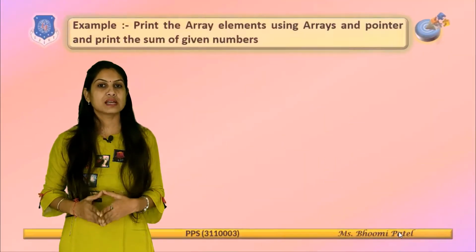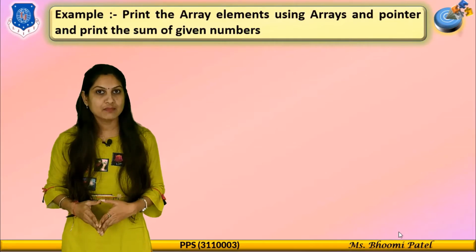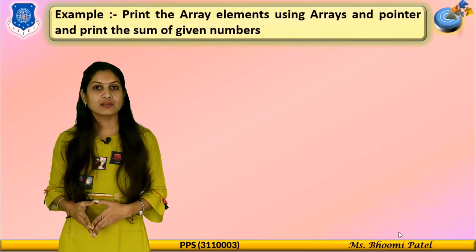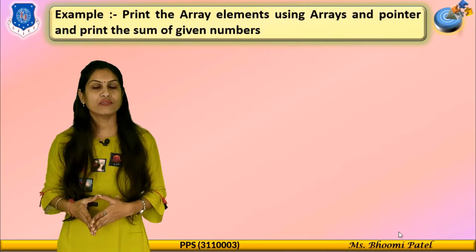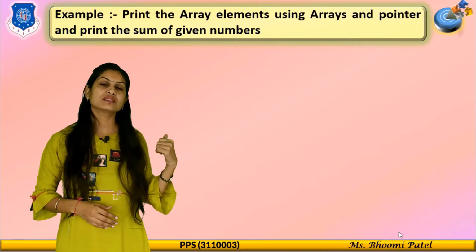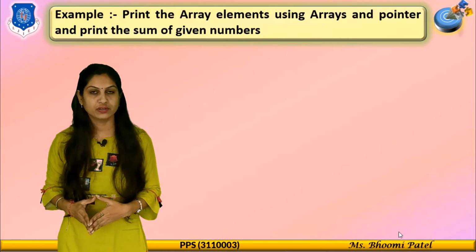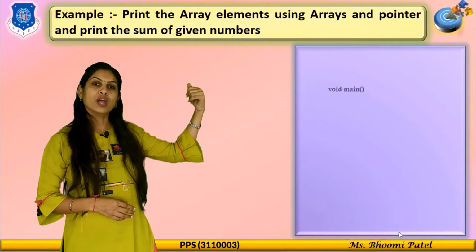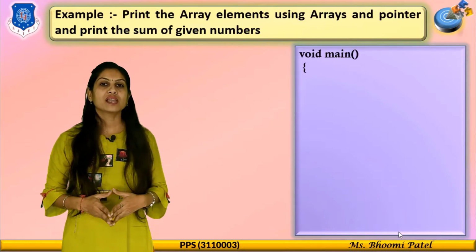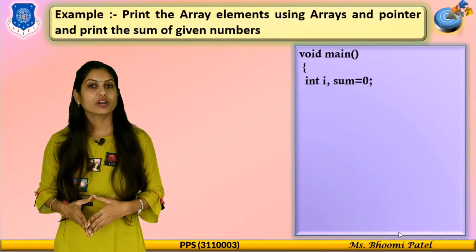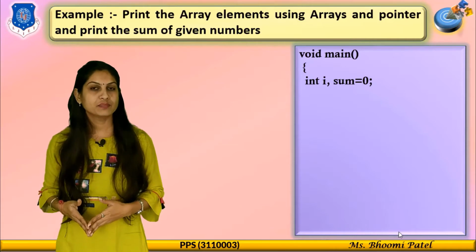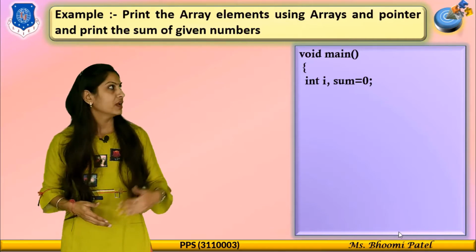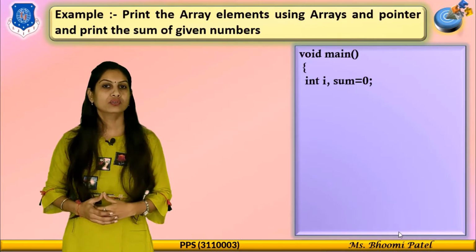Now using this concept we are writing one example to print the array elements and to find the sum of array elements using array and pointer. For that we write void main, and inside it we write integer i for a for loop for the array concept, and then the variable sum that has a default value 0.